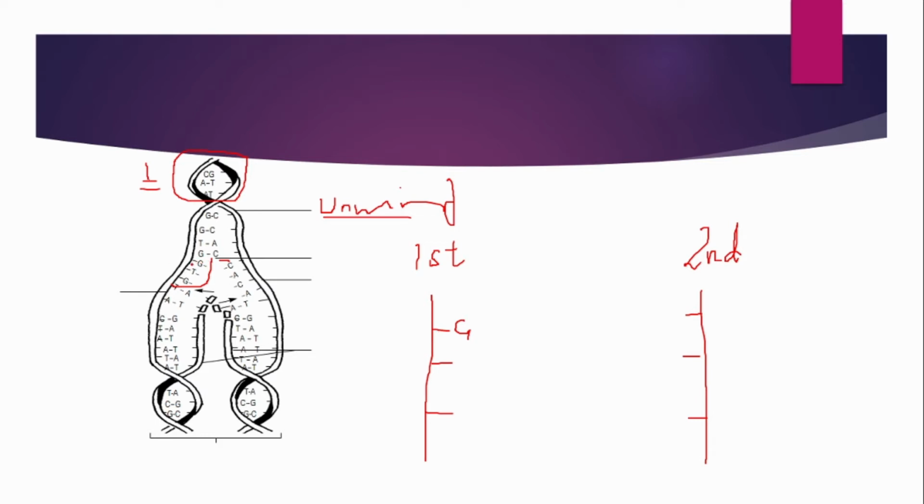We have guanine, then we have thymine, and then we have guanine again. And then on this side, we have cytosine connected to guanine. Then we have adenine, which was connected to thymine, and then we have cytosine connected to this guanine. We have our two strands created as the result of the break.